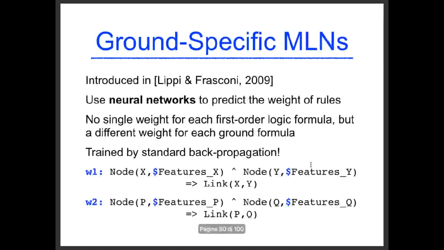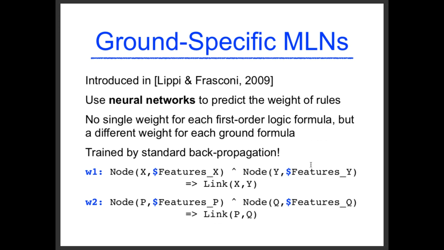Then you have one thing on which I worked, which is ground-specific Markov logic networks, which in a sense is, I think, quite close to what Luke presented about DeepProbLog, in the sense that we plugged neural networks within Markov logic, making neural networks learn the weights of the rules.